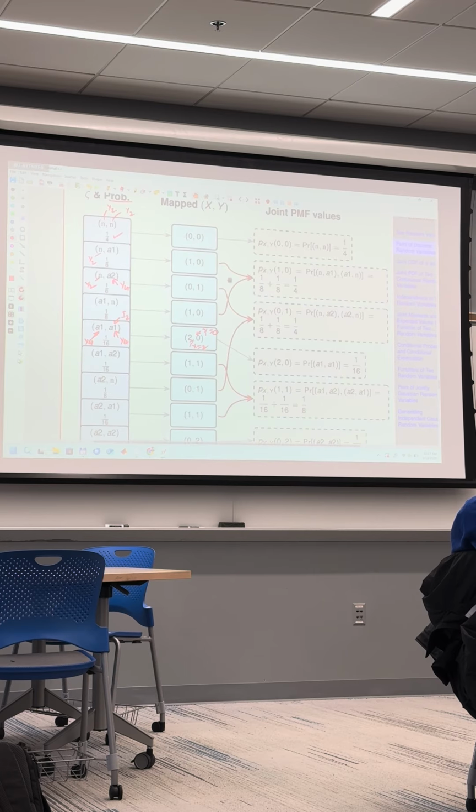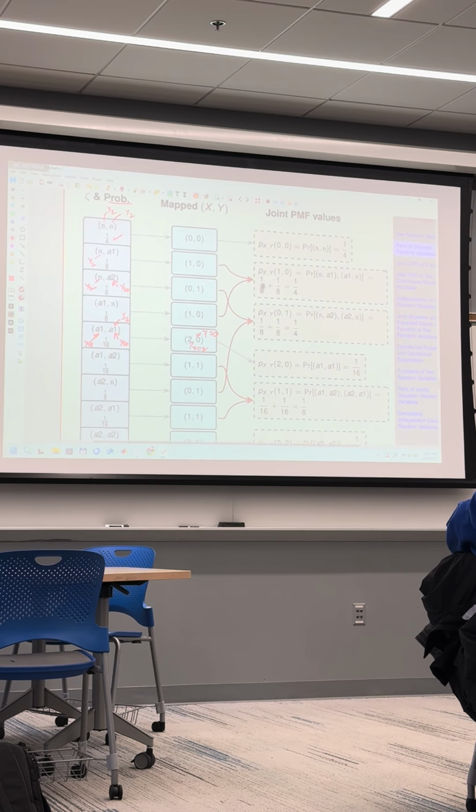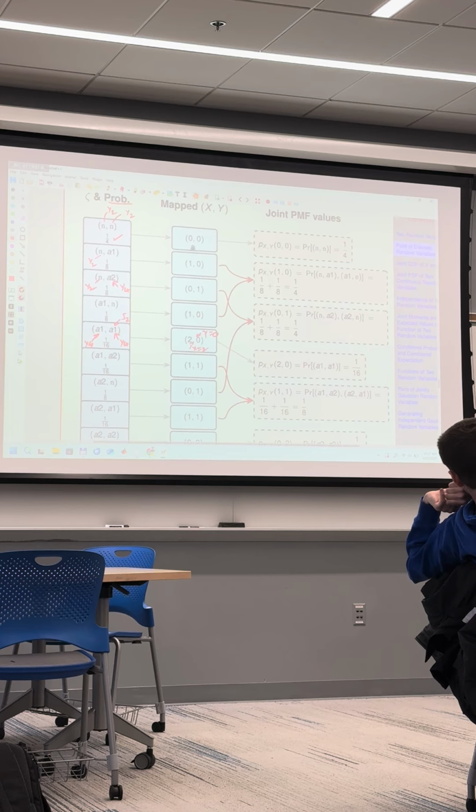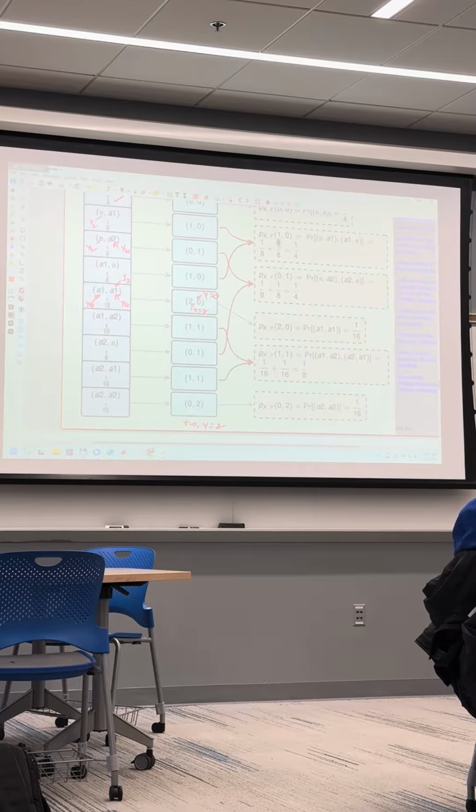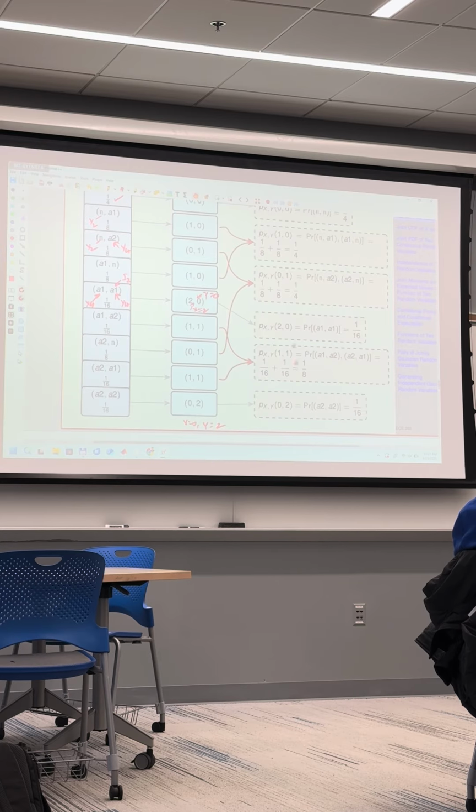And that's why I drew these arrows, to add them up. So the PMF of random variable x, comma y taking value x equals 1, y equals 0 is going to be 1/4. Here the PMF of random variable x, comma y taking value 0, 0, it's 1/4, we already know. So that's how I computed all the PMFs.